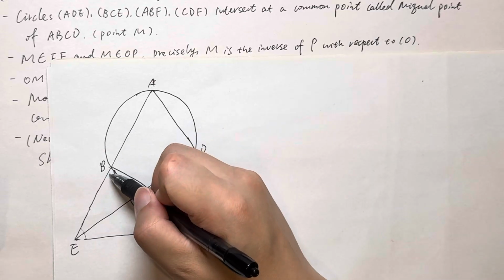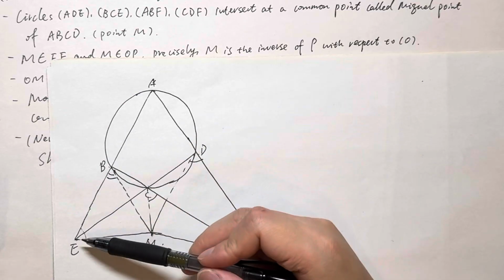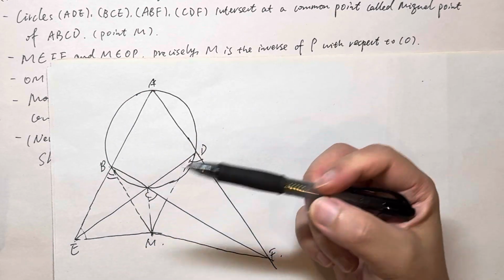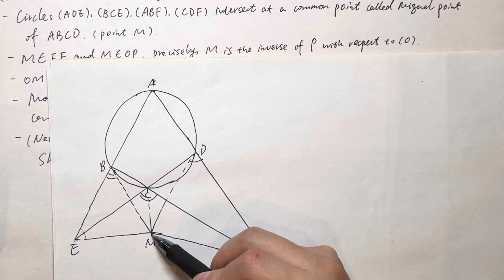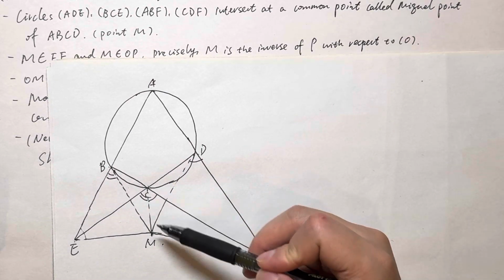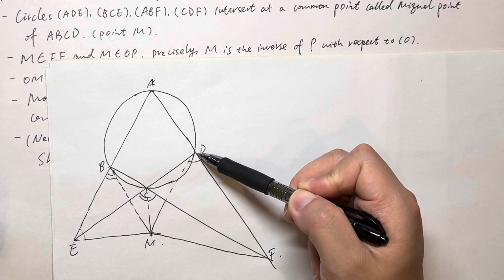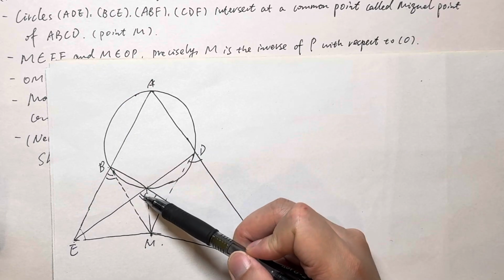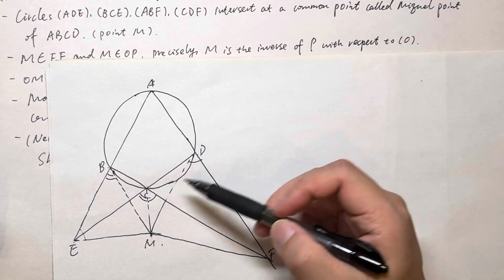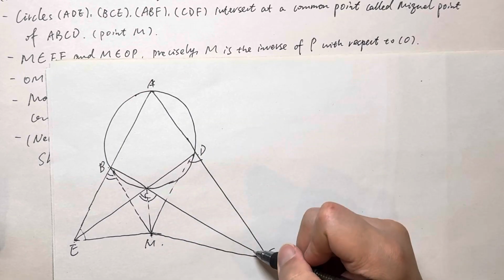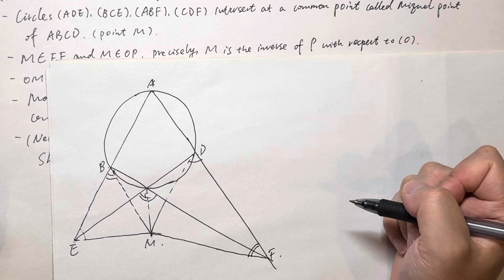Similarly, we can look at the angle EBM, which equals angle ECM. And because CMFD are cyclic, the angle ECM equals angle DFM, right?